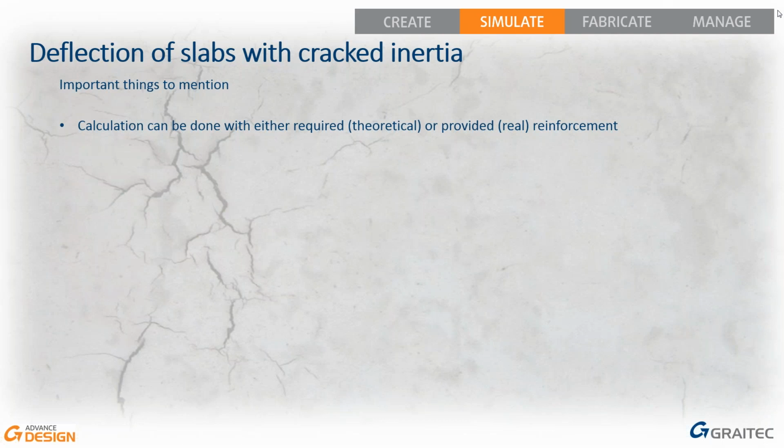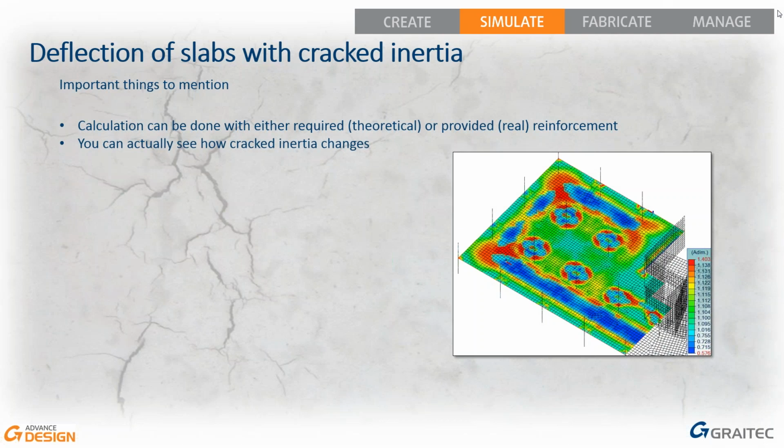So you can just let the advanced design calculate the required reinforcement, for example, for the ULS state, for the crack state, and calculate the deflection with that required reinforcement, or you can provide it by yourself and check how the deflection would change. You can actually see how the cracked inertia changes in your plate, again, both with the required and the provided reinforcement.